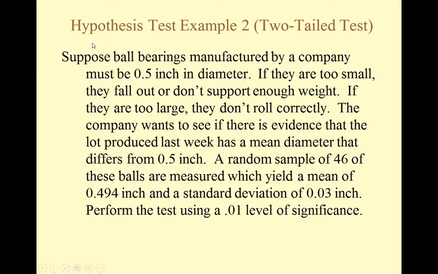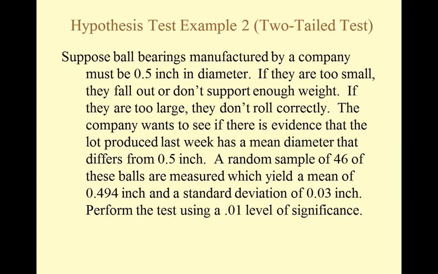Suppose that ball bearings manufactured by a company have to be 1/2 inch in diameter. If they're too small, they may fall out or don't support enough weight. If they're too large, they don't roll around the housing or the case that they're in correctly. Either situation is bad.